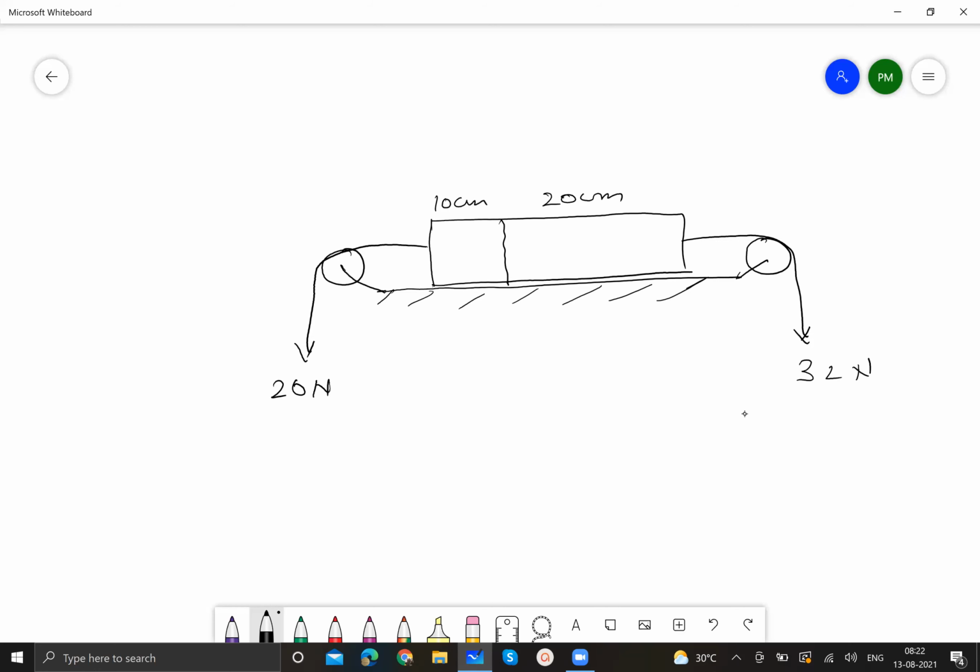Find the force exerted by the 20 centimeter part of the rod on the other part.